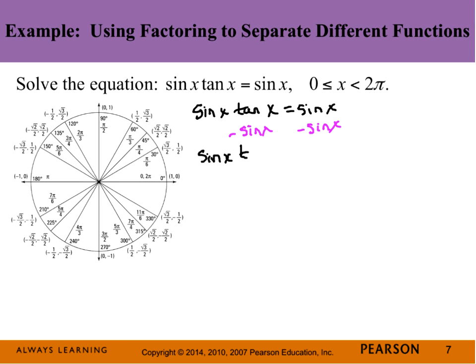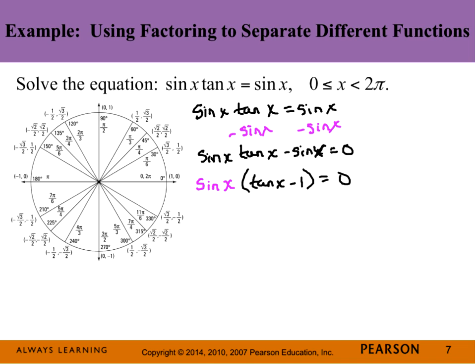sine of x tangent x minus sine x equals 0. And here's where I have to use my factoring skills. Both of my terms have a factor of sine of x. And when I divide that out, I'm left over with tangent x minus 1. And that's equaling 0.